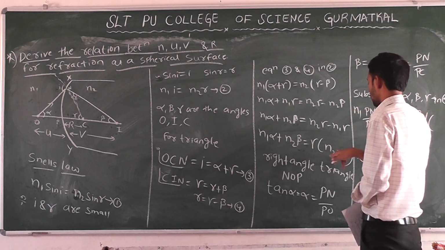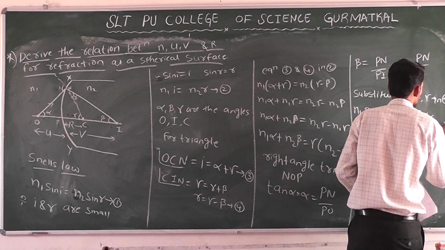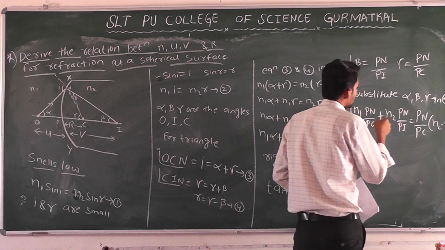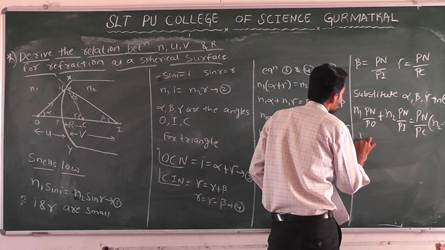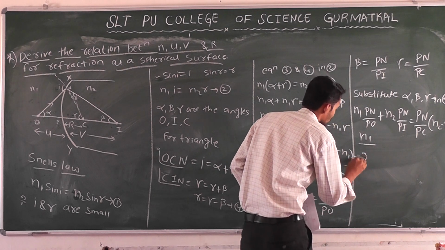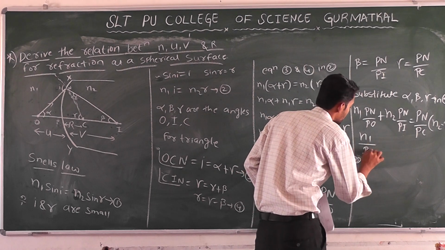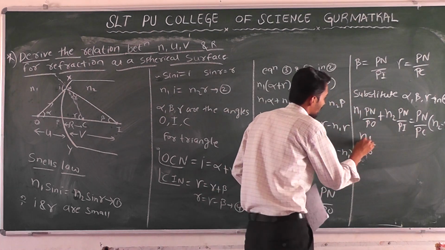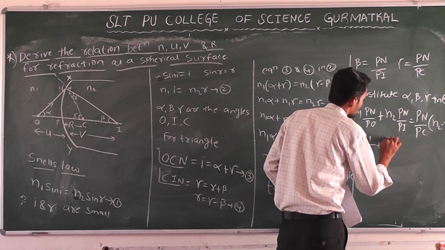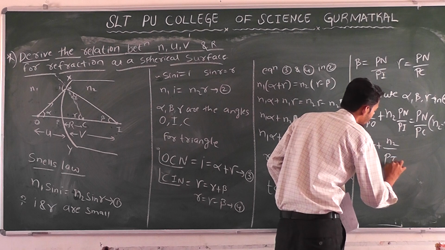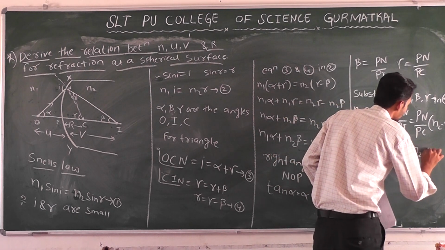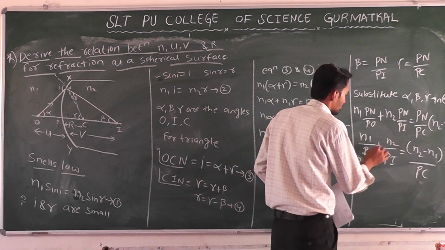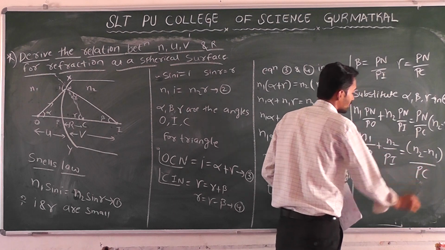Cancelling the PN term from both sides, what is remaining? n1 by PO plus n2 by PI is equal to (n2 minus n1) by PC.